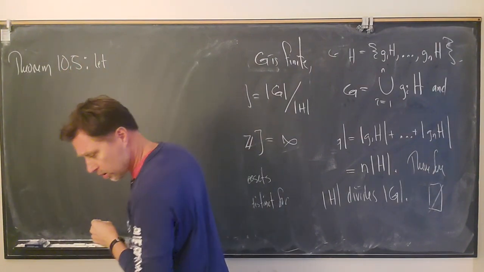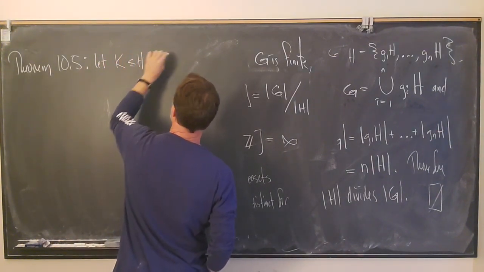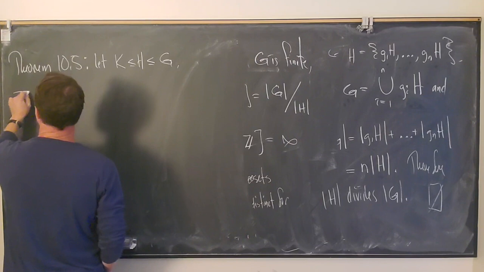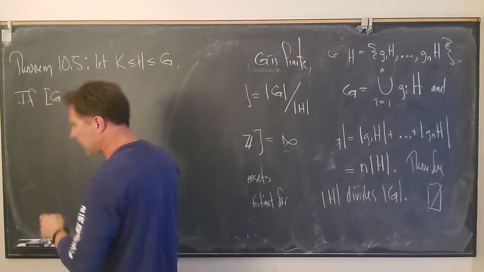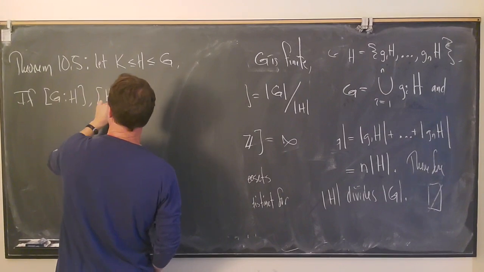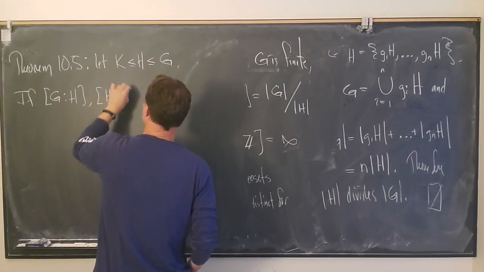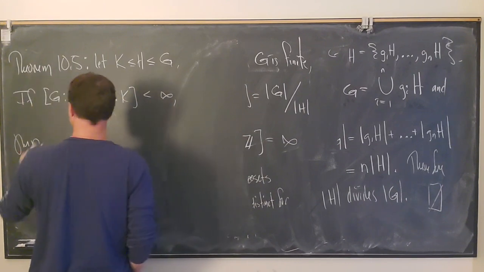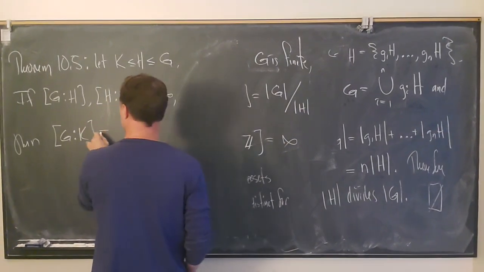Let K be a subgroup of H, which is a subgroup of G. Now, if the index of H in G and the index of K in H are finite, then we have this nice formula that tells us that the index of K in G is multiplicative.